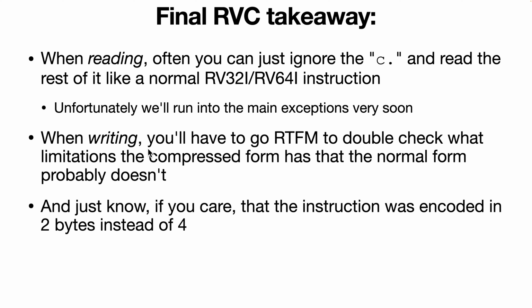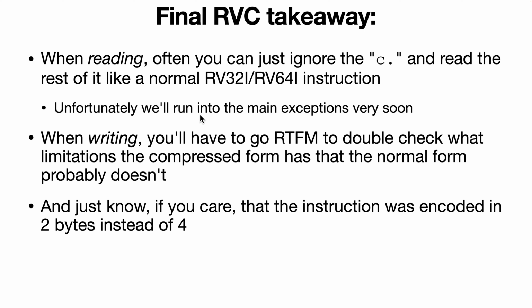Unfortunately for writing, if you're going to try to write something, then you have to be aware, you have to read the fun manual to figure out what possible register values there are. Are there any restrictions? Can it perhaps not use 12-bit immediates? Maybe only use 6-bit immediates or 8-bit immediates, etc. So there are more restrictions on things. You don't care when you're reading, but if you're writing, you definitely have to care and read the fun manual.